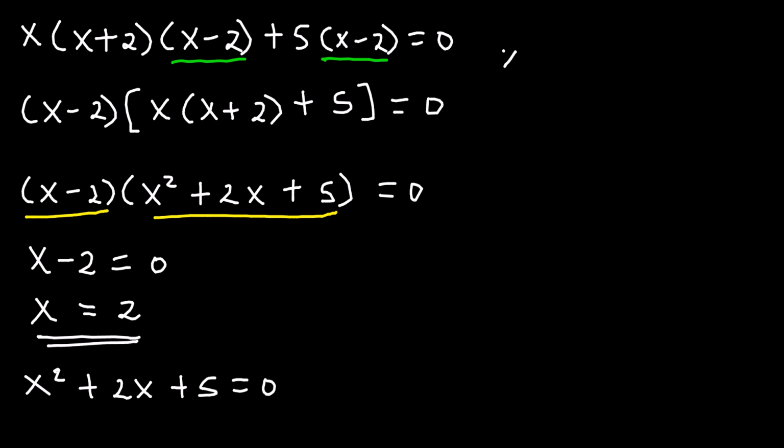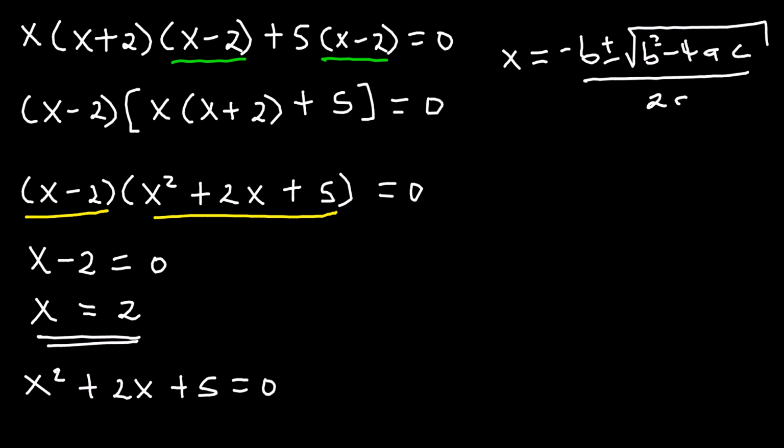We shall have x equaling negative b plus or minus the square root of b to the power of 2 minus 4ac, and this will be divided by 2a. Now in our equation, the coefficient of x to the power of 2 is 1.